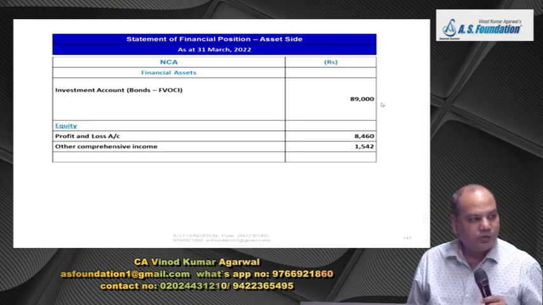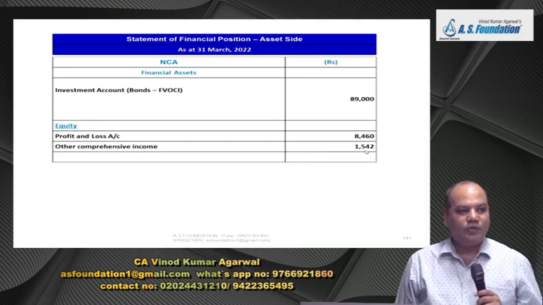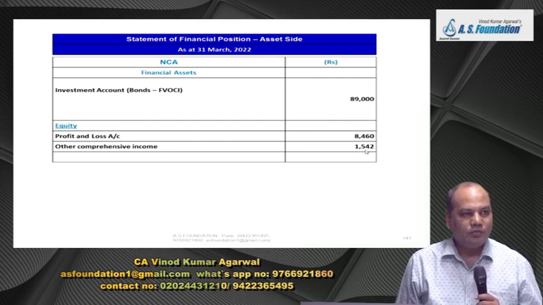And what will be the balance now? 89,000. And suppose you want to write the equity side also. So P&L account income 8458, and other comprehensive income 1542. This answer is over. Now we'll continue tomorrow.